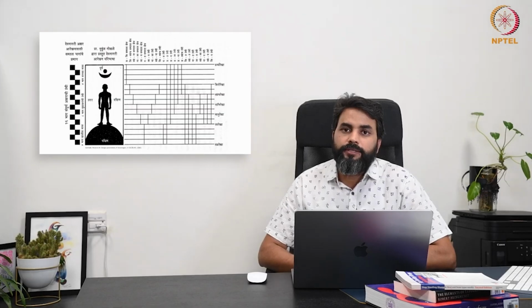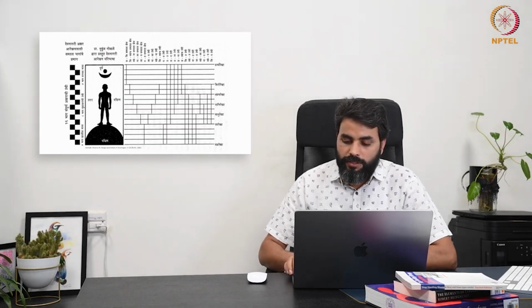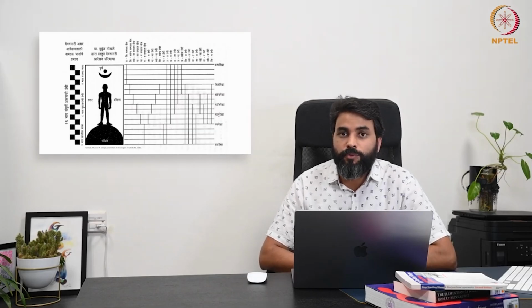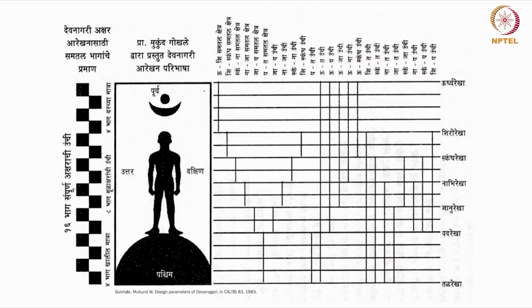So going ahead, this is another example of a grid system for Devanagari developed by Mukund Gokhale, which is based on human proportion. Most of the terminology has been directly derived from human body parts. For example, you see Sirorekha, which is directly connected with Sir, and most of the terminology has direct reference to the human body.